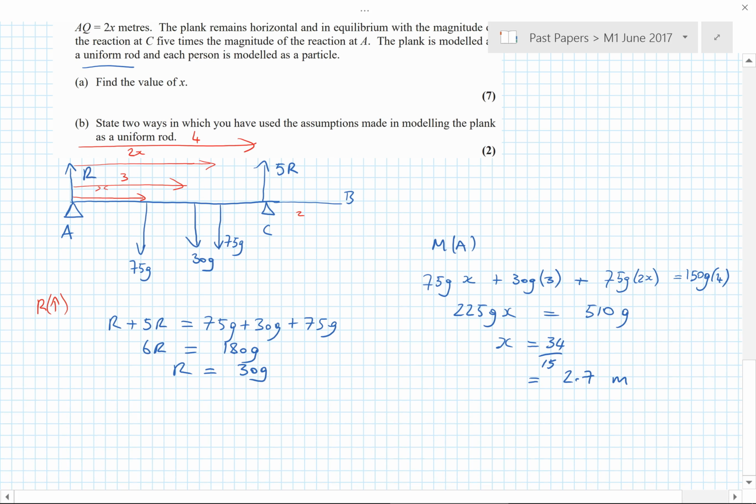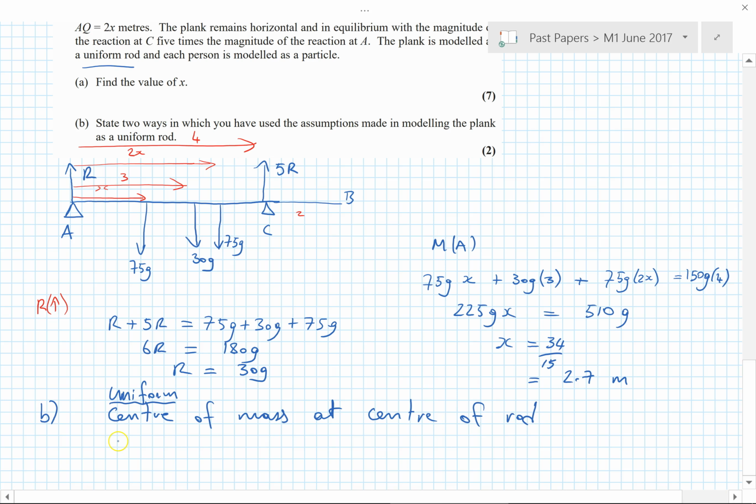Right, okay, and then part B is just a standard modelling thing. If it's uniform, we use the fact that it has centre of mass at the centre of the rod.